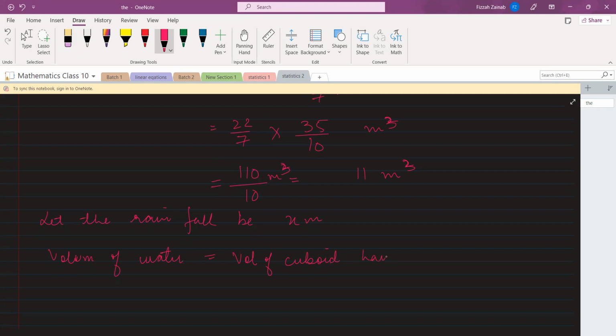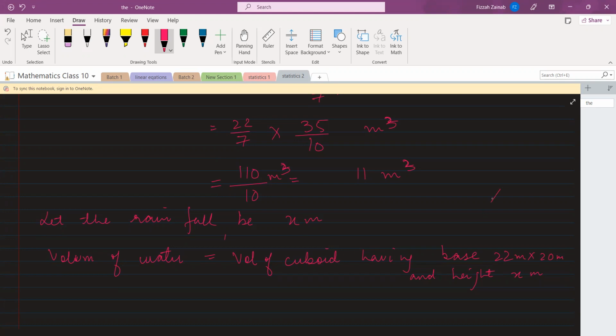Having base this 22 meter into 20 meter, which is given in the question, and height x meter. Understand? This will be the amount of water, the same as the volume of cuboid.